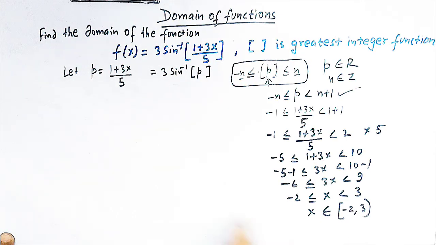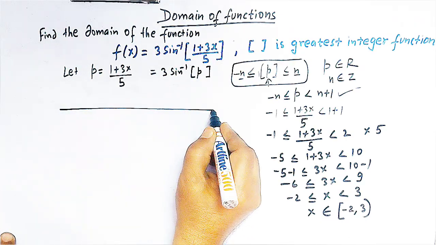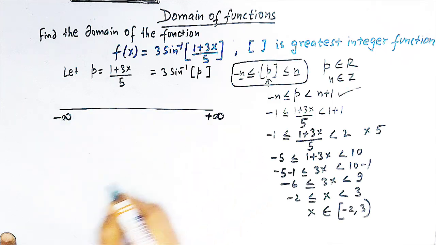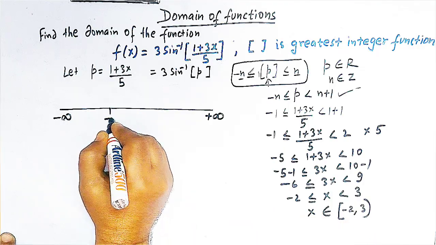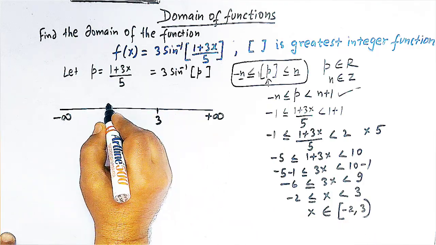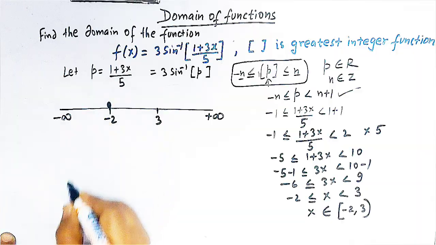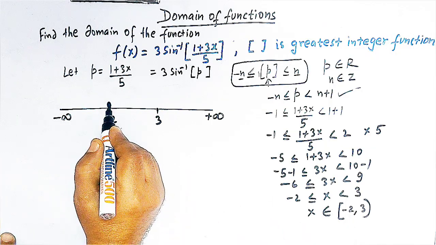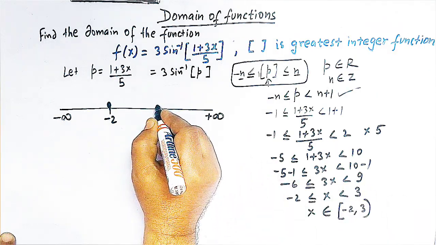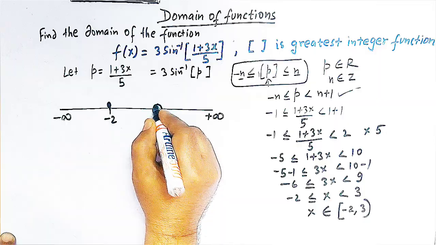So now let us draw the real number line. Here we have minus infinity, and here we have plus infinity, and here we have minus 2, and here we have 3, right? Here minus 2 is included, so we have a dark circle, and 3 is not included, so here we can encircle this 3.